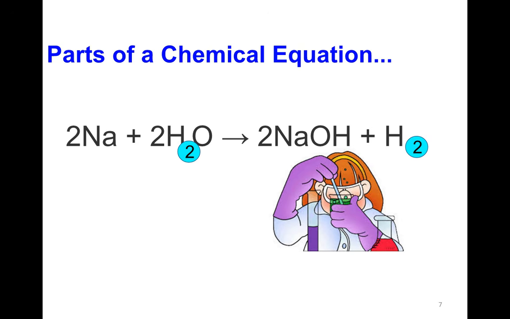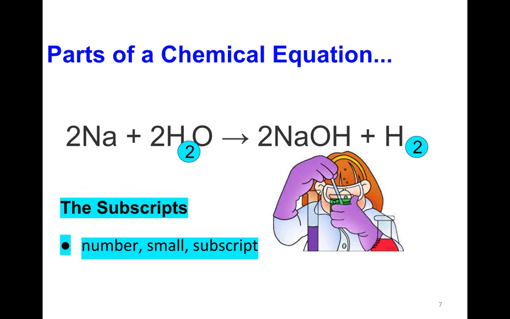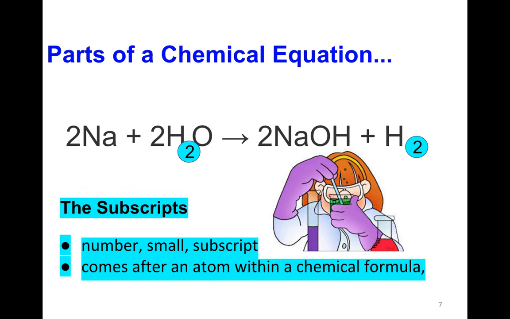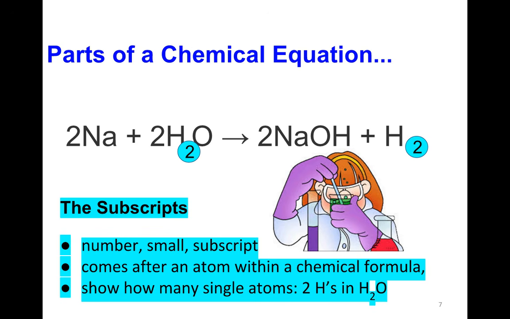So the subscripts, in this case we have 2 2's. They're a number, they're small, they're a subscript. They come after an atom within a chemical formula. They show how many single atoms of that element there are in that particular molecule. So for example, in a water molecule, there are 2 atoms of hydrogen and 1 atom of oxygen.